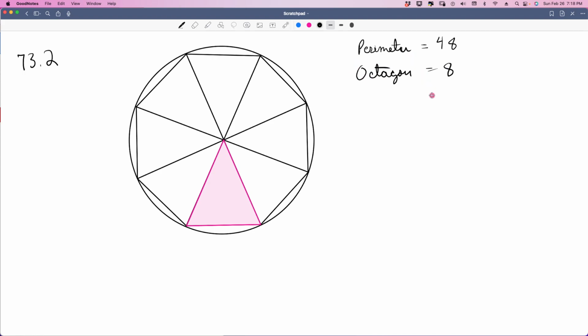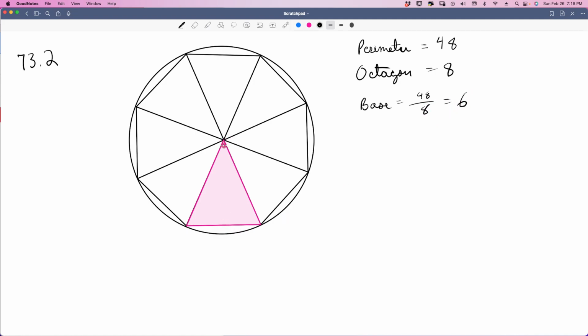So that tells me that the base of the polygon, 48 divided by 8, that's going to be 6. So the base of each one of these is 6. All right. So this is 6.